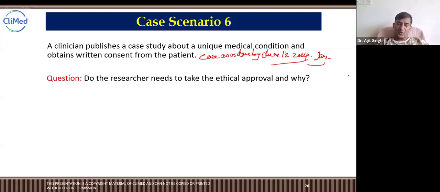The patient came in January 2024. The clinician wants to publish that case now because it's a unique medical condition, and he also takes the consent form from the patient. Does the researcher need to take ethics approval?